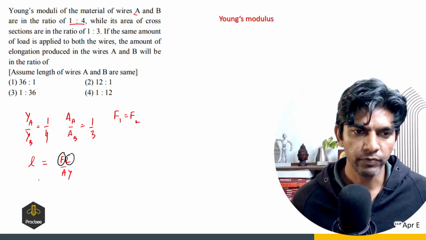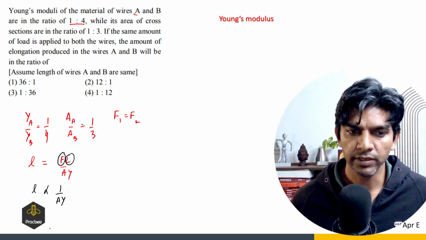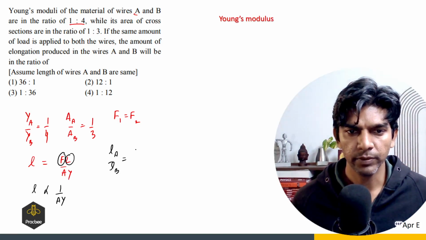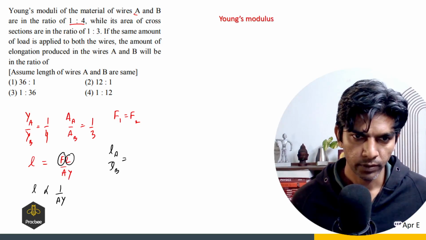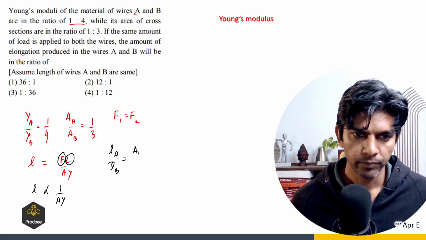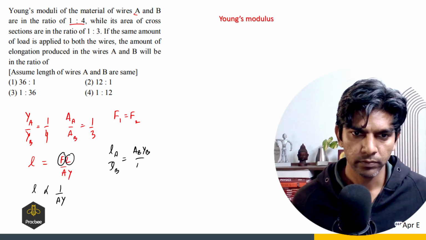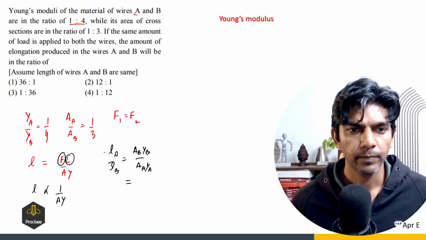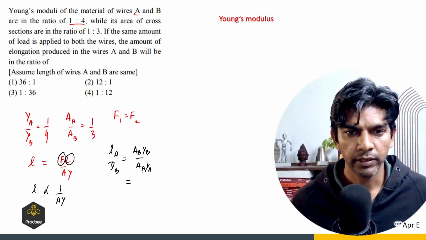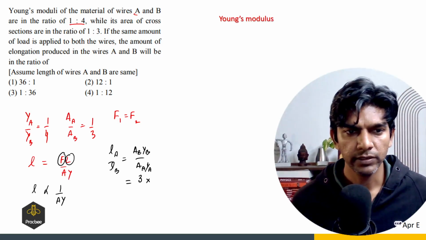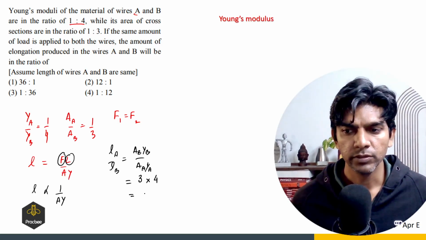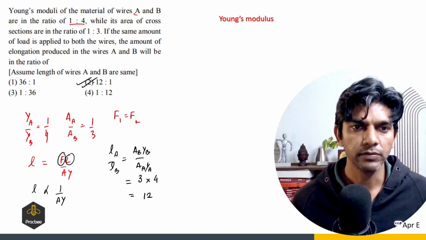Now what we can say, the elongation will be inversely proportional to area of cross section and Young's modulus. So lA upon lB will be AB YB upon AA YA. So that will be AB upon AA is 3, whereas YB upon YA is 4. So this comes out to be 12. So the answer will be 2.